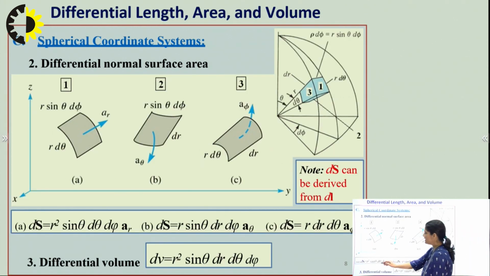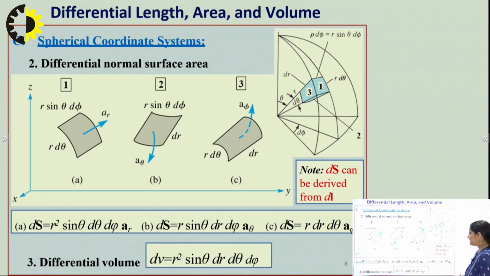So this is the way we can find ds. For the unit vector of r, you can write r sin theta d phi times r d theta. So write down ds is equal to r square sin theta d theta d phi, unit vector r. Now for the unit vector theta, ds is equal to r sin theta dr d phi.